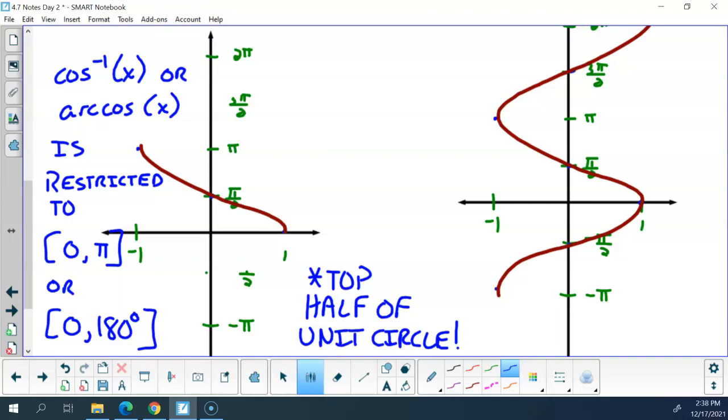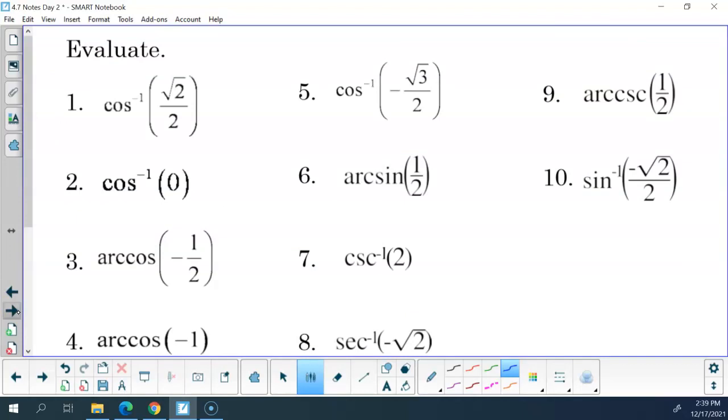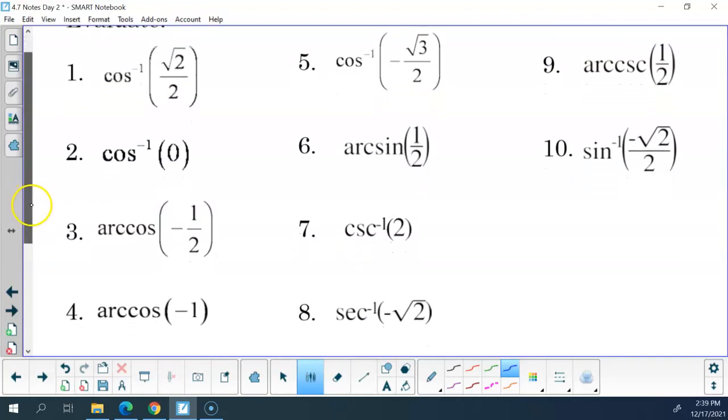Love it. So what I would like for you to do now is find those 10 values, with the restricted range all put in one.